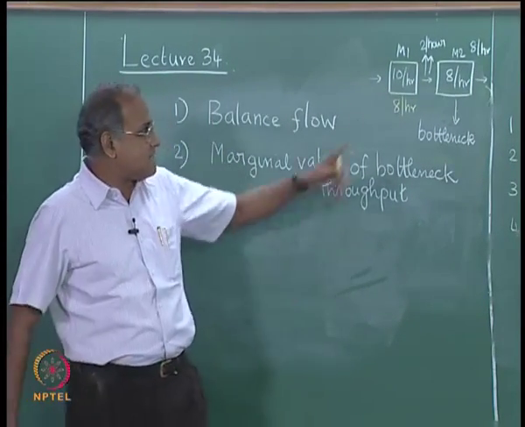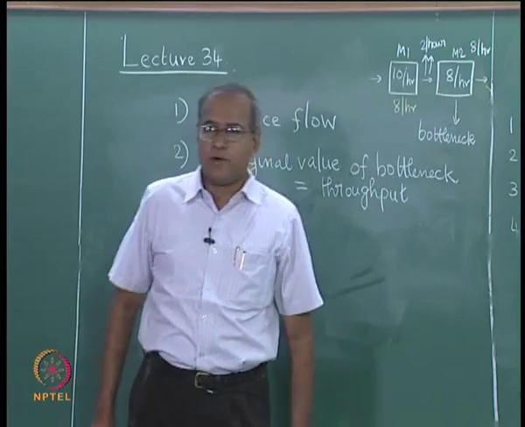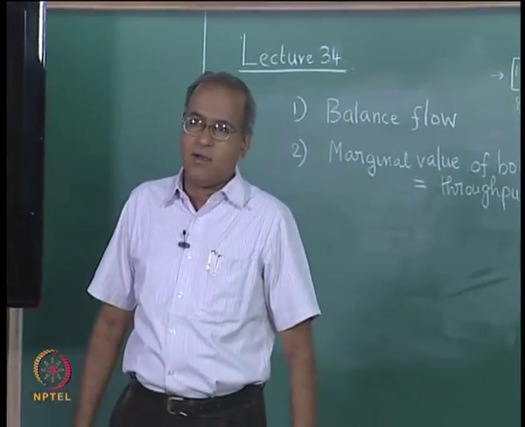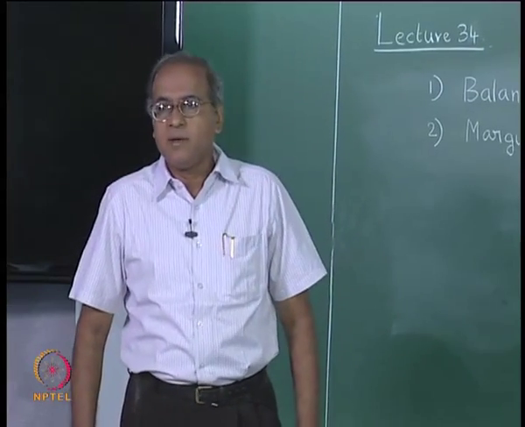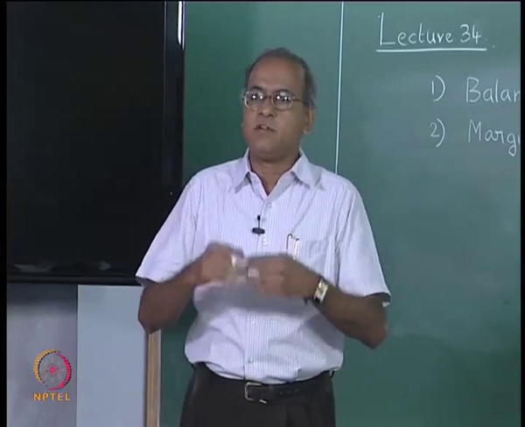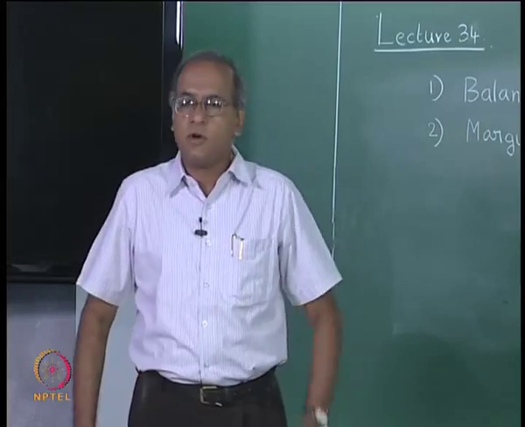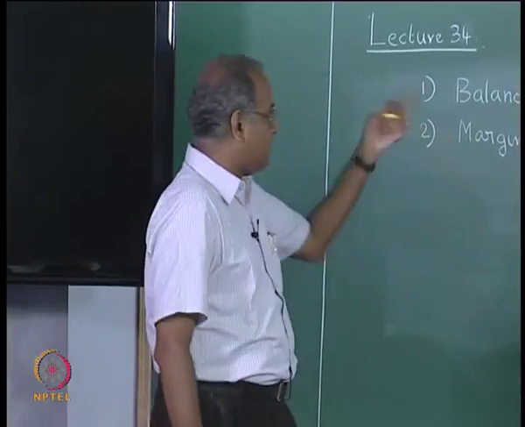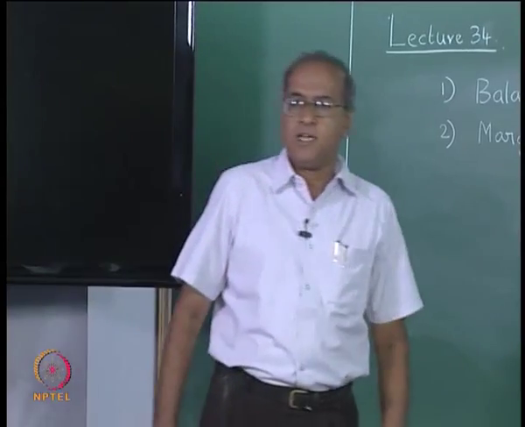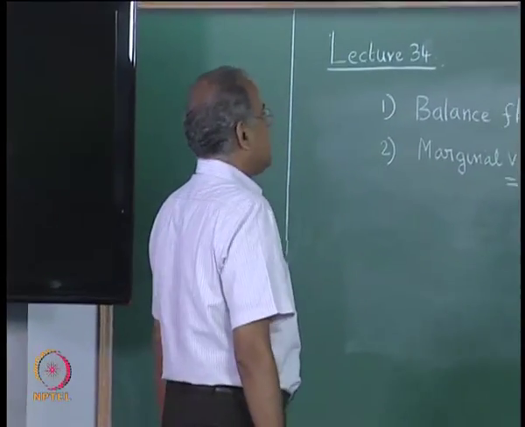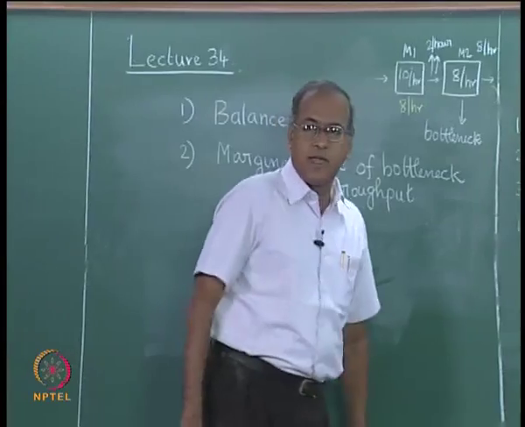Because this is the bottleneck, now the throughput is 8 per hour, but throughput should be represented not in terms of time, but in terms of money. So, if the profit for this particular item is 10 per unit, then we will be able to produce 8 per hour.